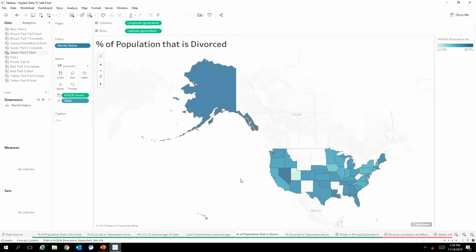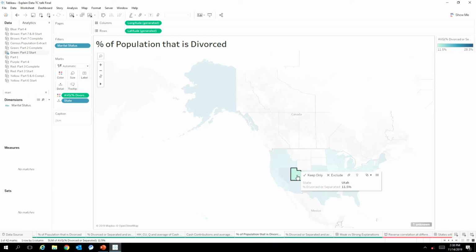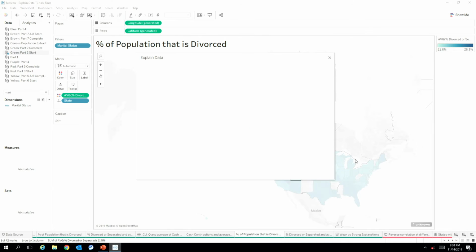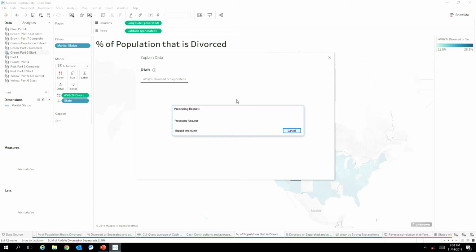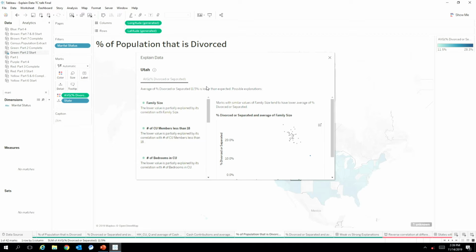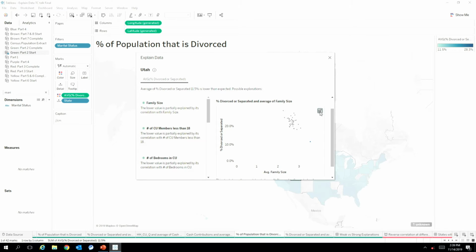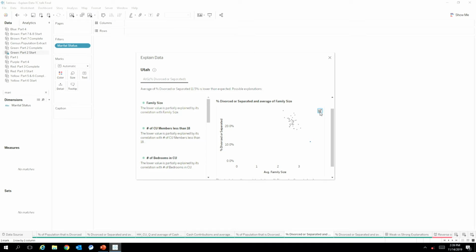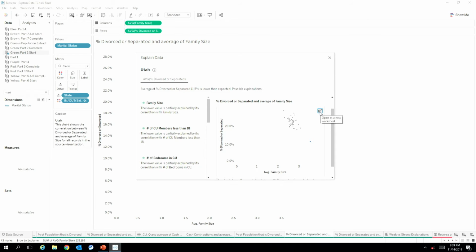Okay, so now we're looking at the percentage of the population who has been married at some point in their life, but is now divorced. So let's go and explain Utah on this population. And now we are getting a very different explanation than when we had included unmarried people in the data set.